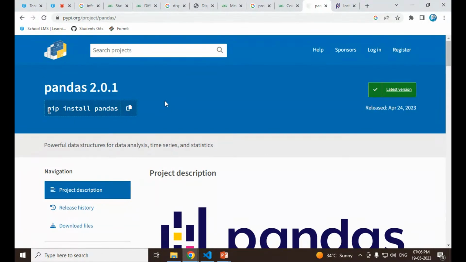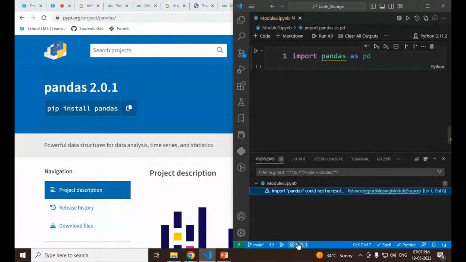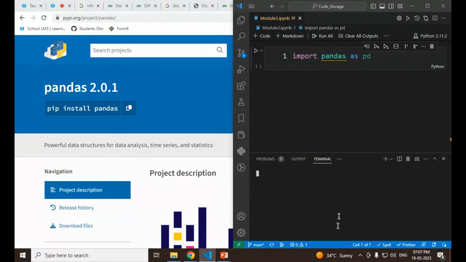This is the command we need to follow to install the package called pandas. Try it in your VS Code terminal. In the terminal, you can run pip install pandas and check if you have already installed it with the pip command. If not, I'll tell you the solution again.